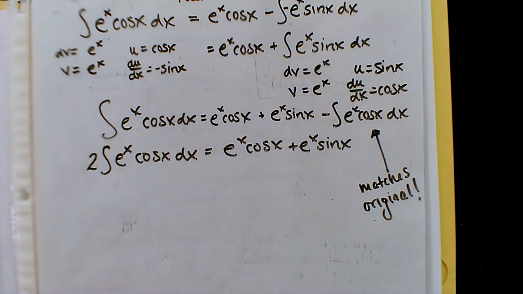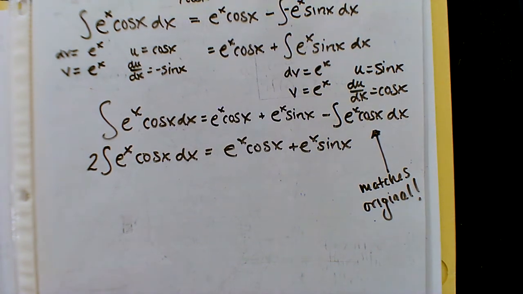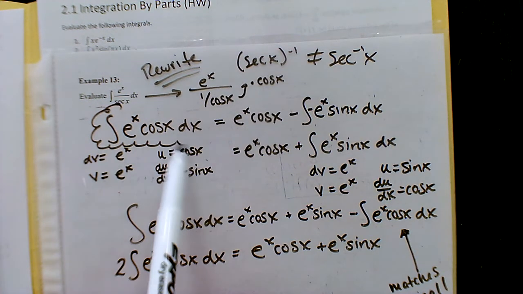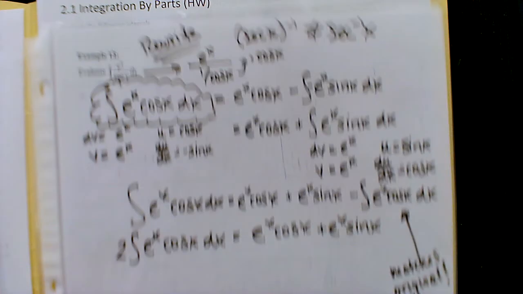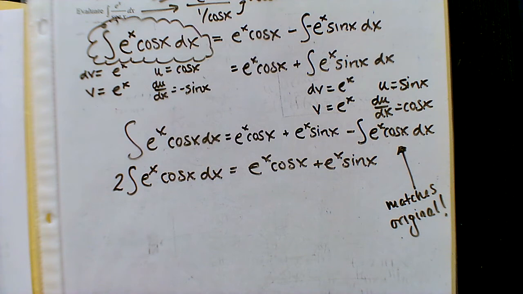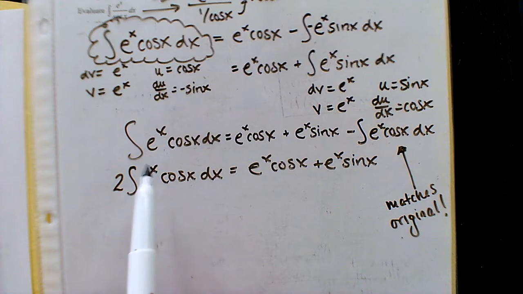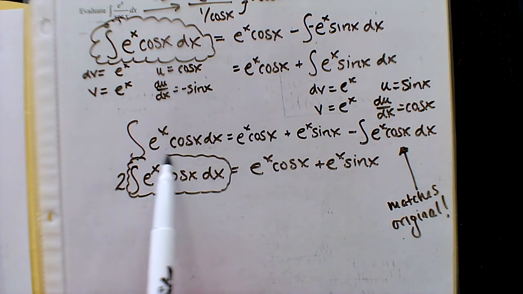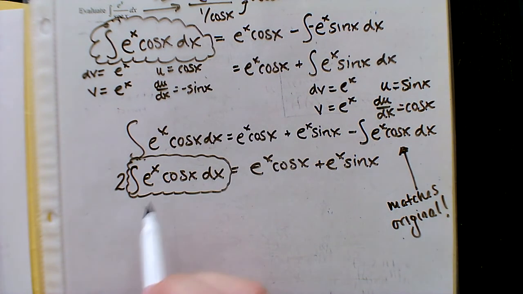All right, so if our goal for this question was to figure out the integral of e to the x cosine of x, where can we go from there? If our goal is to figure out this little clouded section, what do you want to do, Eric?